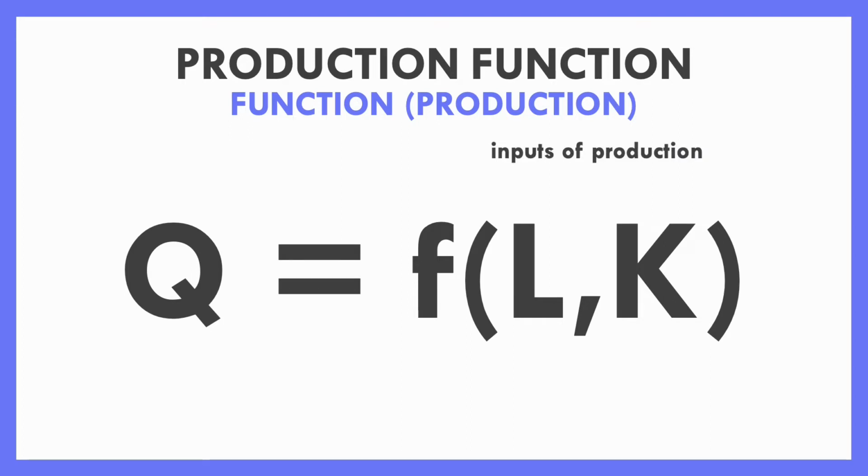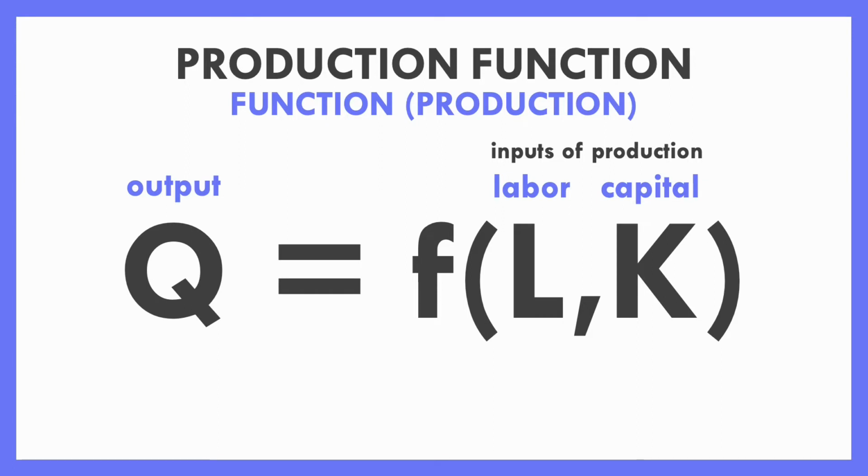We use labor, which is the L. We use capital, which is the K. We use the letter C for cost, so we have to use a different letter for capital. We put labor and capital, those other resources, into some combination, mix them all together, and out comes some output of quantity, right?